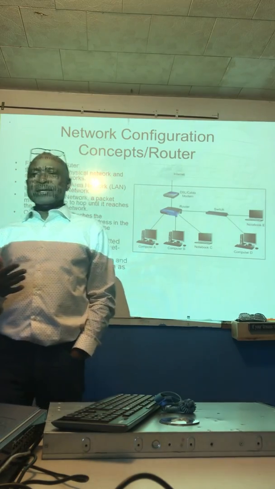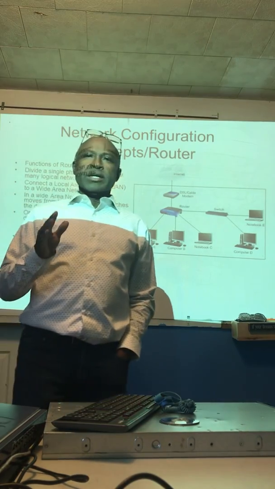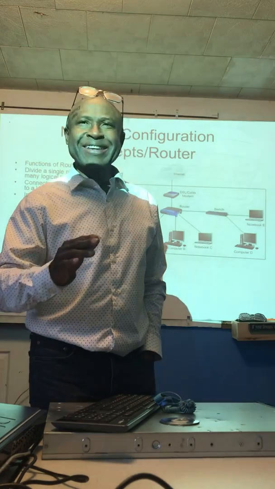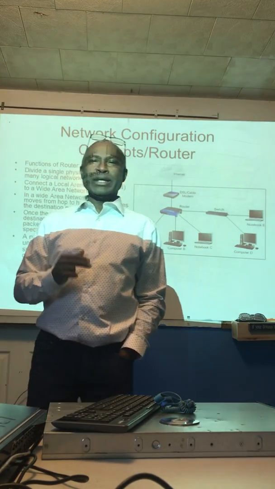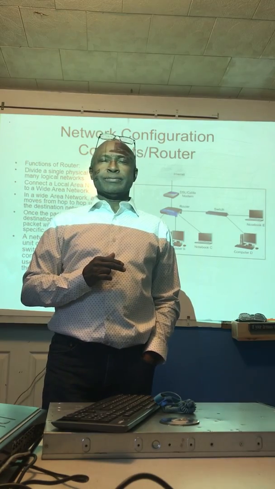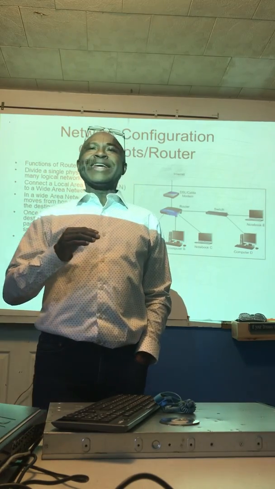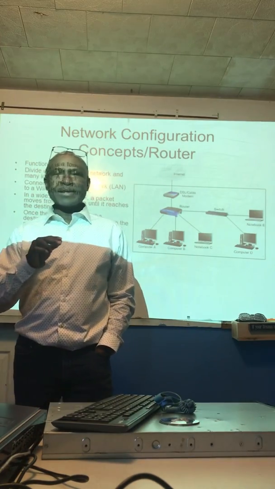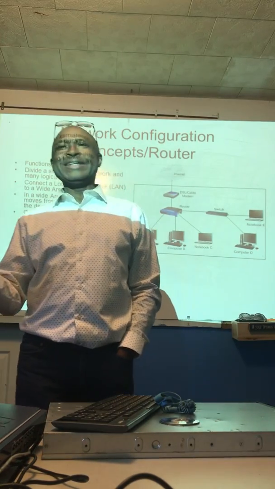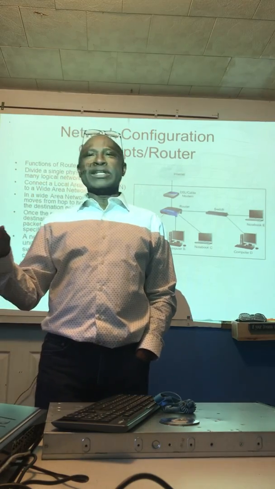I said the IP address is the unique address of a computer in a network. So I said the IP address has two components. One is the network ID, and the other component is the host ID.